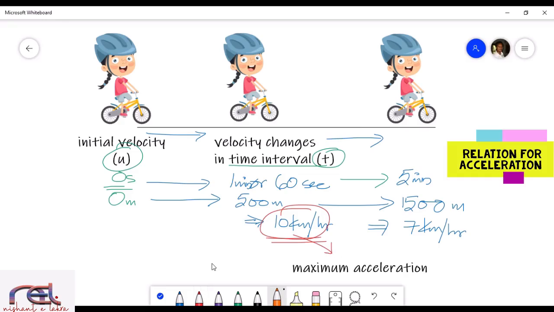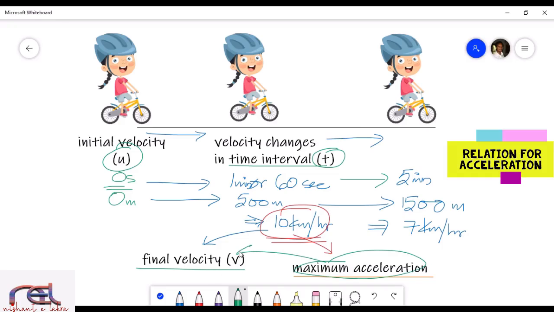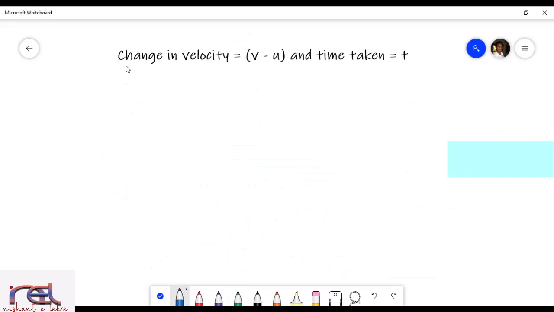This is known as the final velocity, represented by lowercase v. So three very important things: initial velocity represented by lowercase u, time interval represented by lowercase t, and final velocity represented by lowercase v.